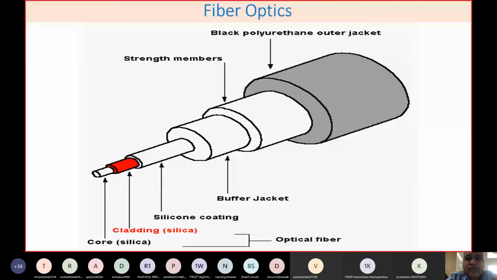This is nothing but another way the same thing can be represented. That is what optical fiber is. Here the basic important part is the core, through which data is carried, and data is carried in the form of light. As you know, light frequency is almost 10 raised to 14 to 10 raised to 16. So photodiodes, LEDs or laser beams are focused, based on which frequency you want to operate.